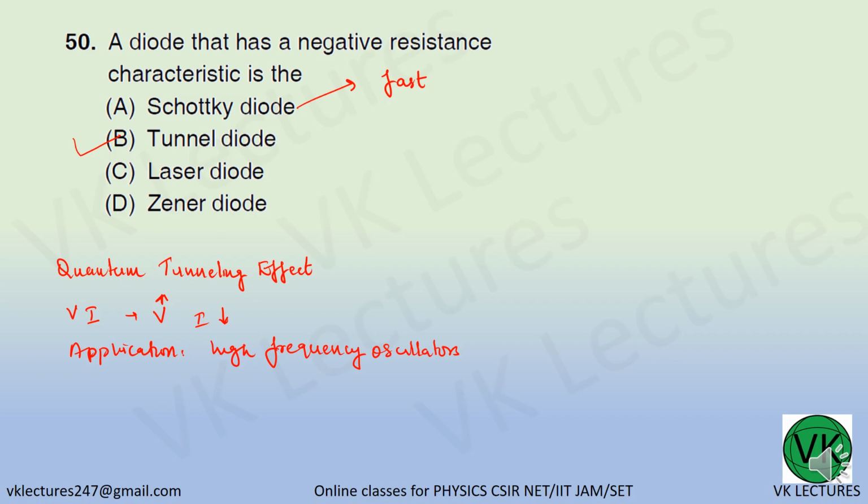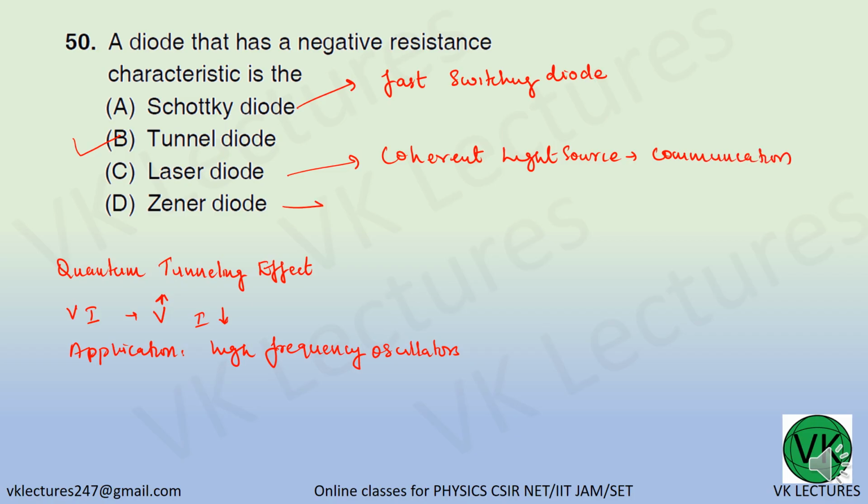The laser diode emits coherent light; it is used as a coherent light source, mainly in communication applications. The Zener diode always works in reverse bias and is used in voltage regulation.